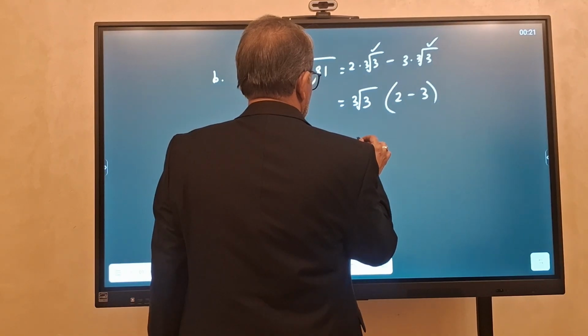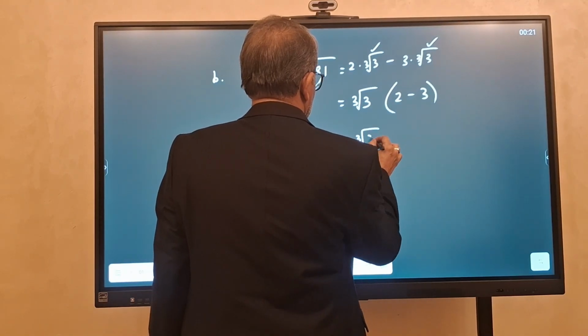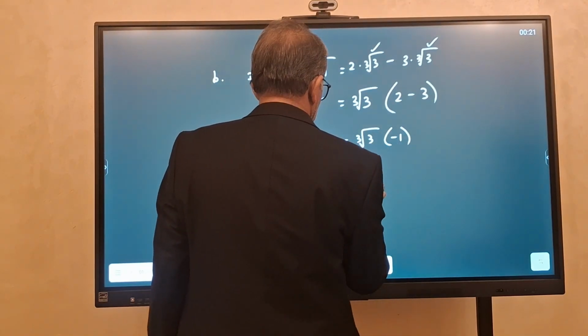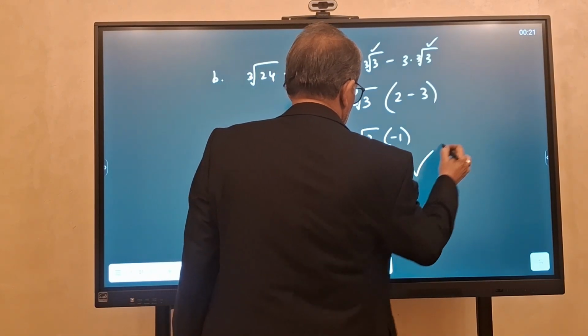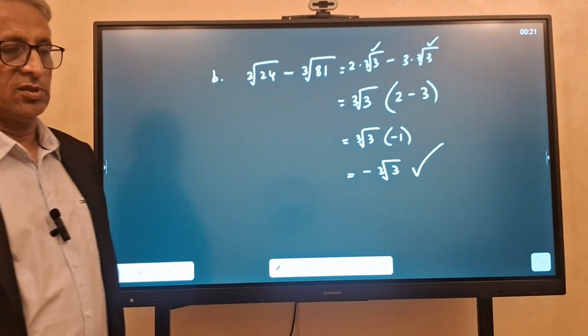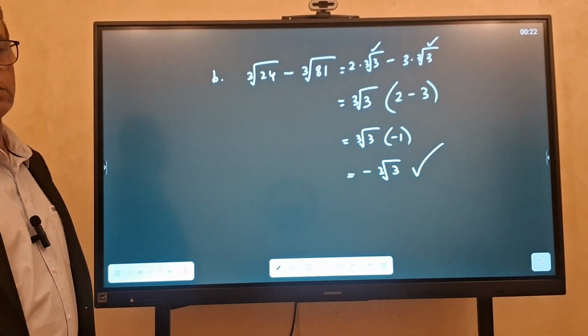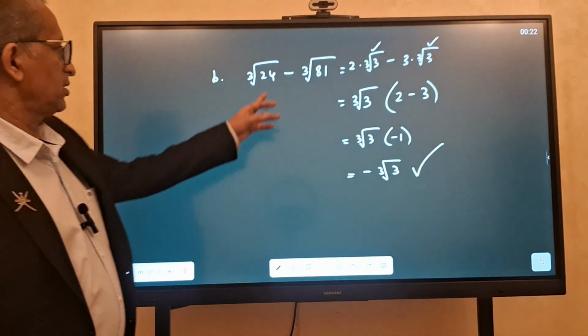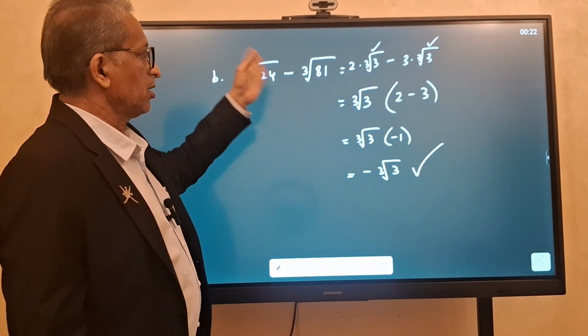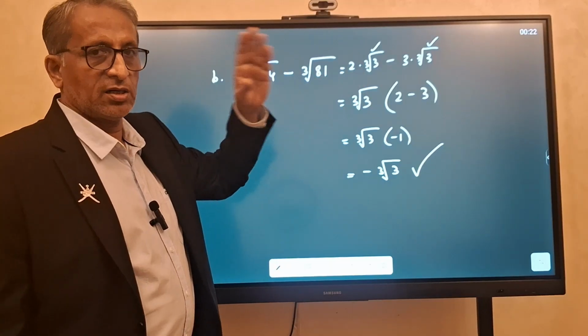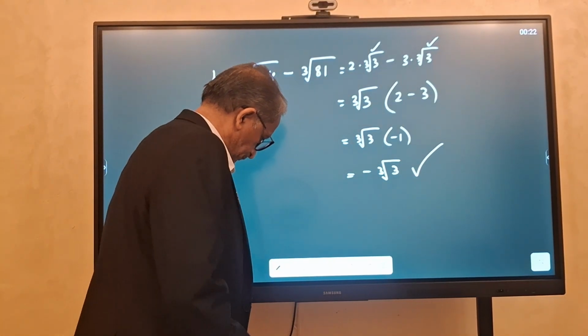Minus 1. So 3 root 3 into minus 1, that means minus 3 root 3 is the answer. So this is how we add or subtract two radicals. If it is minus, no problem. If it is plus, that will be plus.